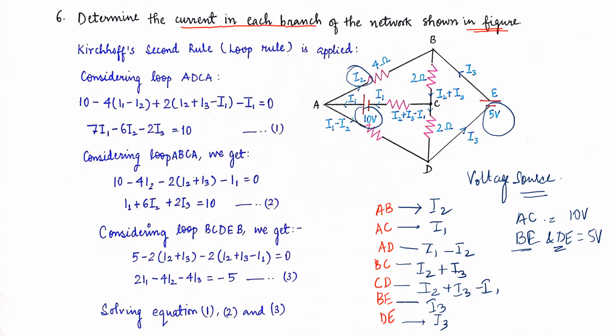And we have many resistors with values 4, 2 and 4, again 6 also. So these are the values of the resistors we have seen in the picture. Okay, now we will start with our question.